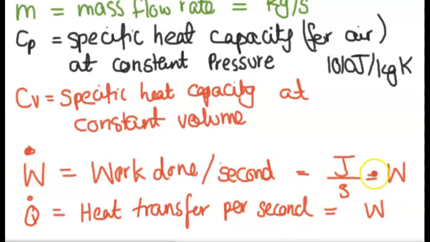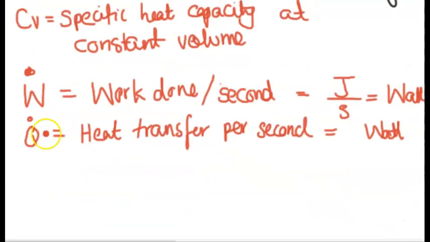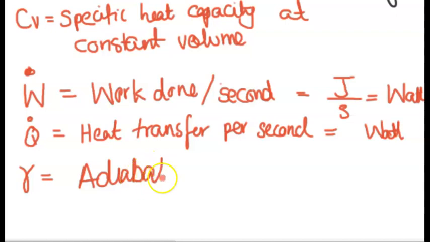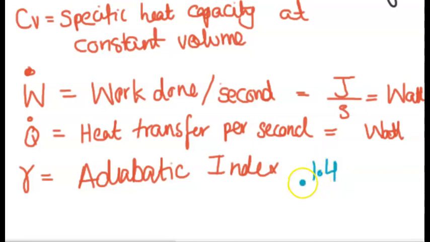So that W is different than that W. And then we got the gamma. It's an adiabatic index. If the value is not given to you, just use this value as 1.4. If the value is given, then use that value.